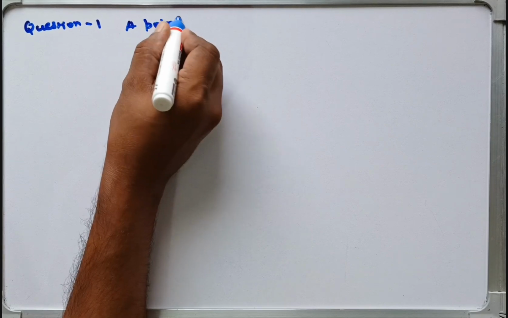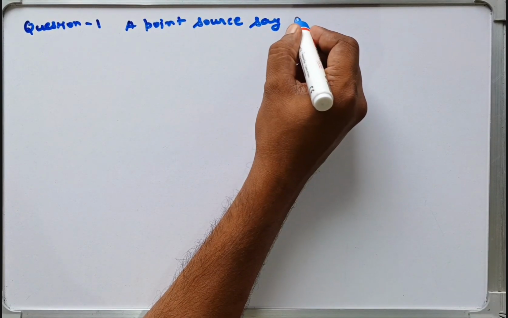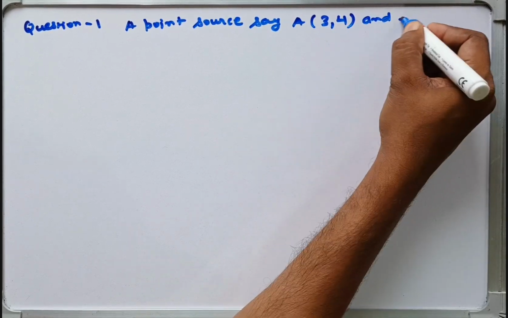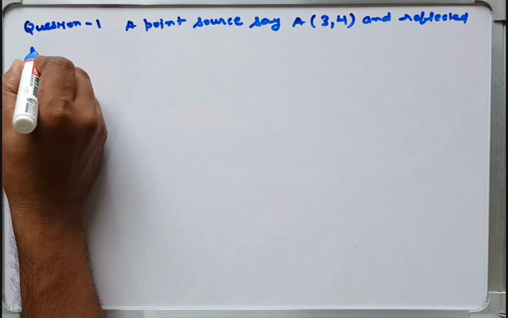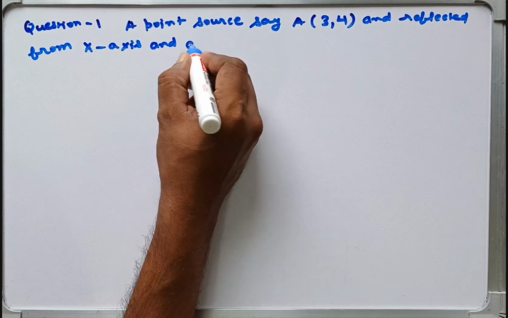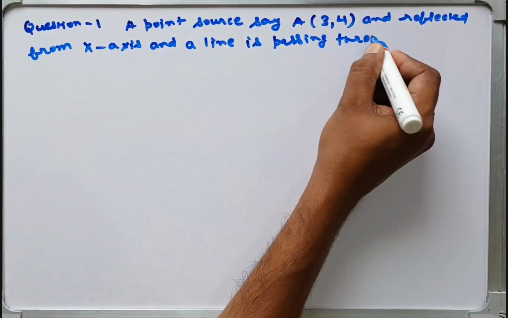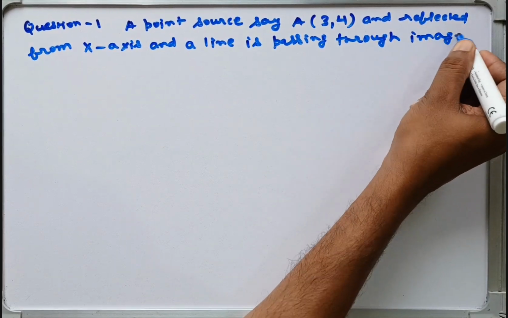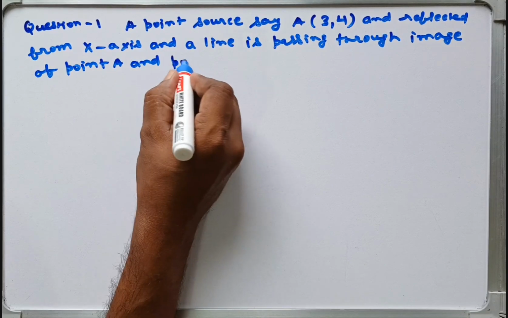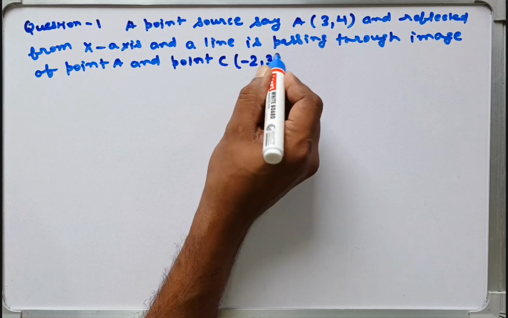A point, say A, whose coordinate is 3, 4, is reflected from the x axis, and a line is passing through the image of point A and point, say C, whose coordinate is -2, 3.